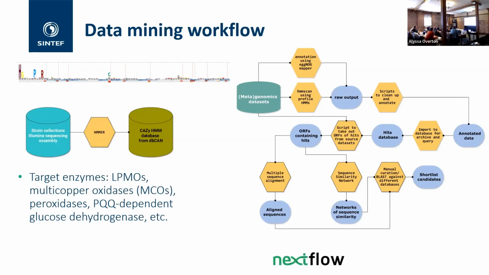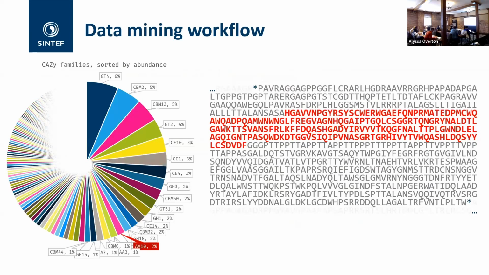We have scripts to extract the whole open reading frame, we clean it up, and we import it into the database. Then we use different approaches to make a short list, because usually you end up with a lot of hits and we need to narrow down to a short list of candidates. All right.